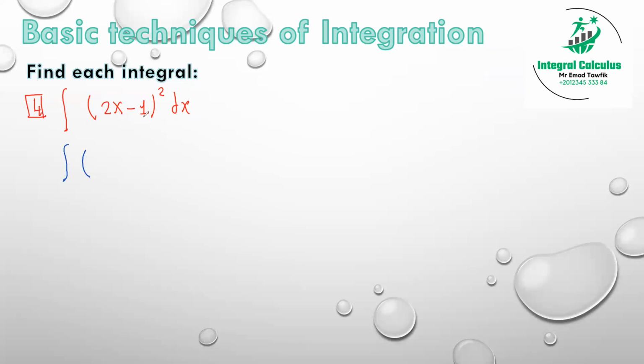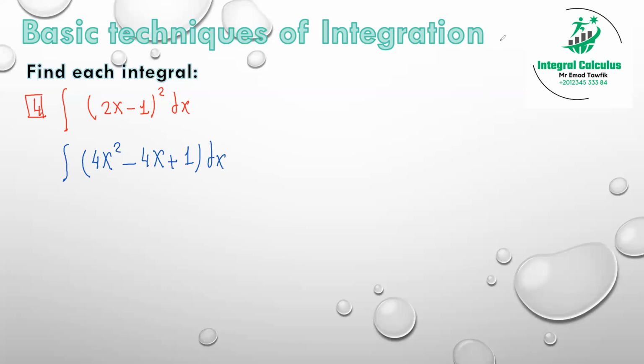2x minus 1 all squared can be expanded to be 2x all squared, which is 4x squared, and then 2 multiplied by the first by the second, which is negative 4x, and then the second term by itself, negative 1 multiplied by negative 1, is a positive 1, and then dx.